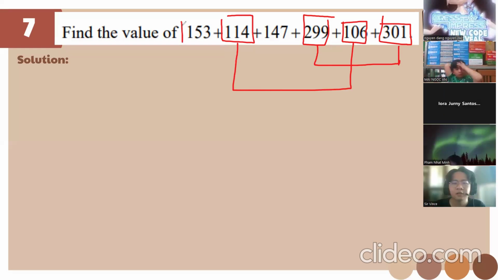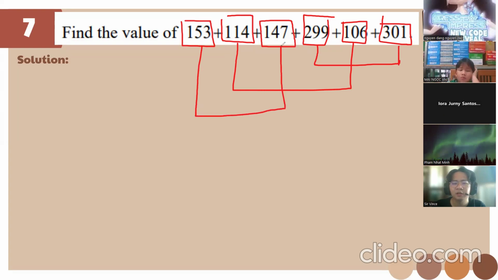Yes, so you can chat right ahead, because I can speak your name, class. So, 153 plus 147, class, how much is that? 300. Okay. How about 114 plus 106? 220.